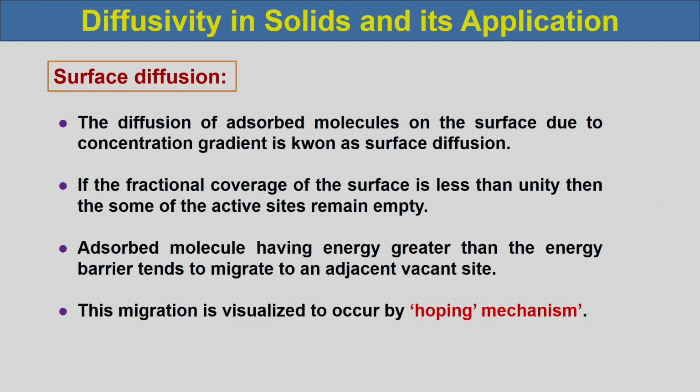This migration is visualized to occur by a hopping mechanism. So, this type of diffusion is known as surface diffusion, where the molecules diffuse from one active site to the other adjacent vacant active sites through the hopping mechanism.